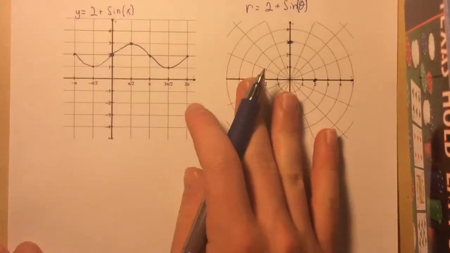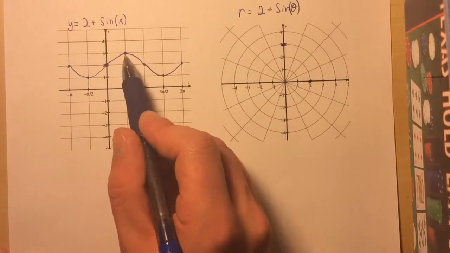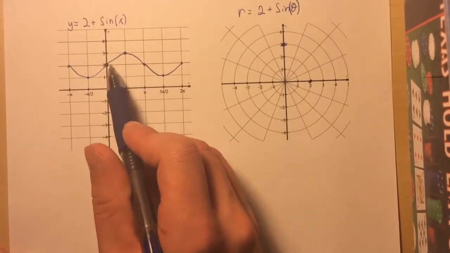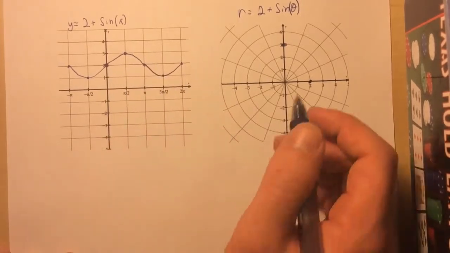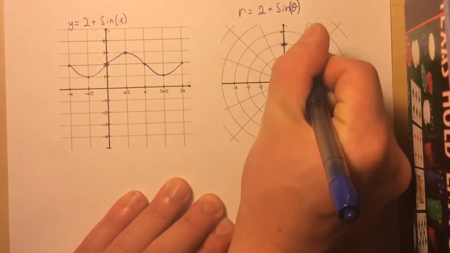Now let's look at the behavior of the graph from 0 to pi over 2. Well, it's pretty much just increasing, never getting past 3, starting at 2, so it's going to get bigger and bigger.